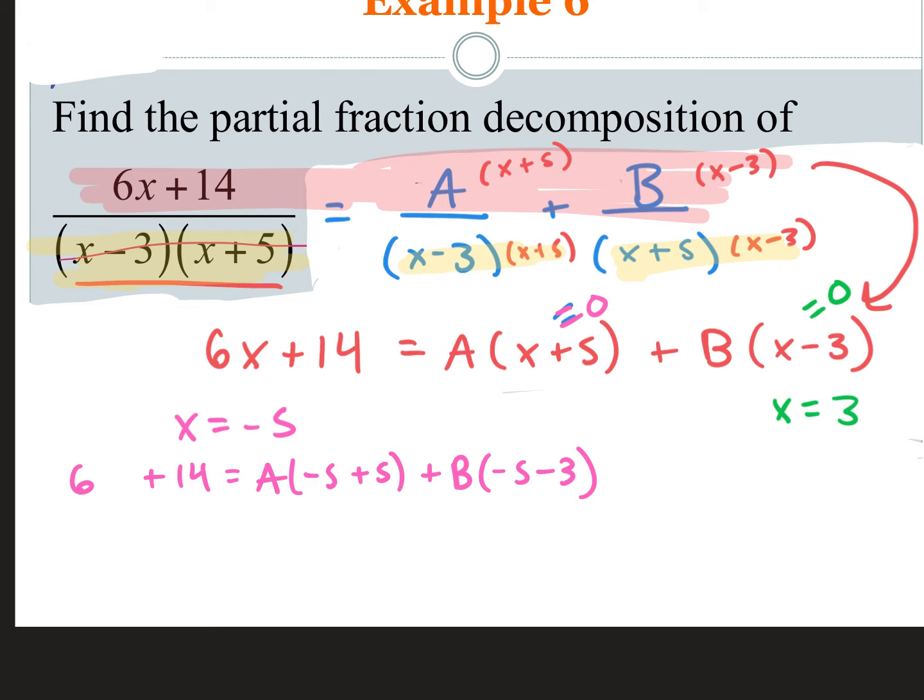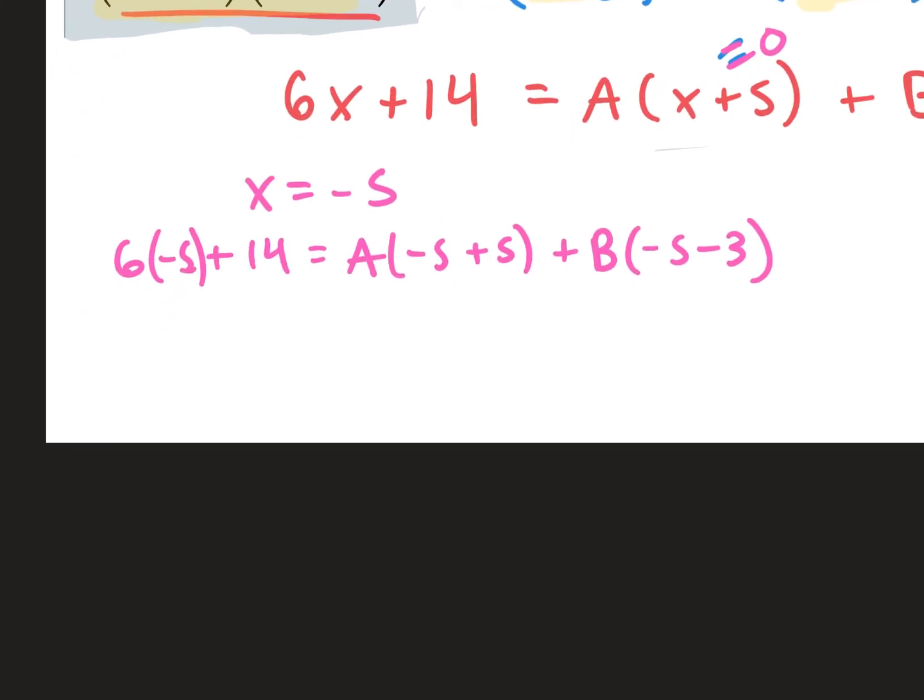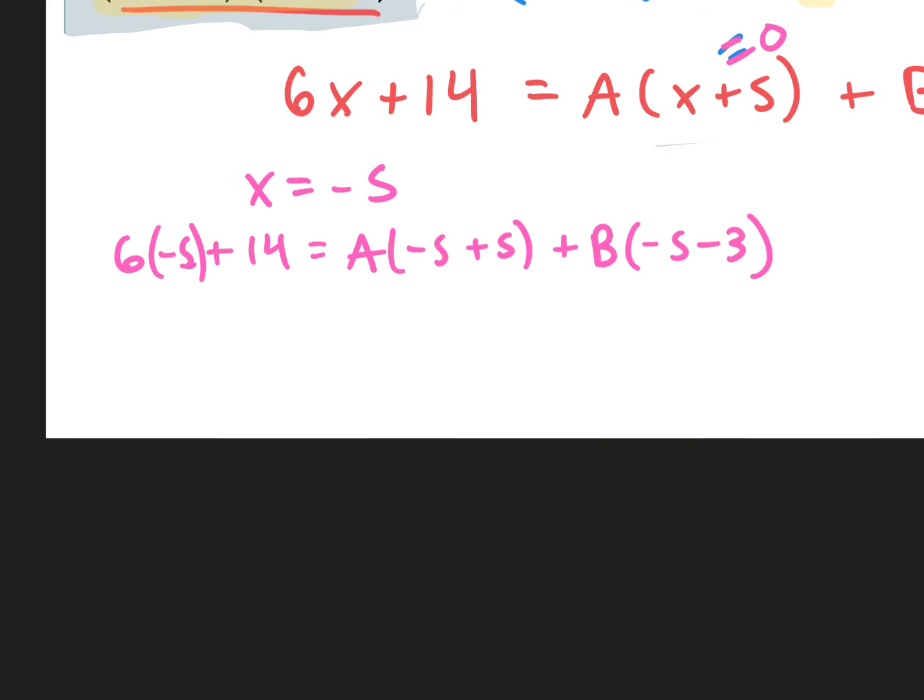So it should be 6 times -5. And then we simplify. So 6 times -5 would be -30, and -30 plus 14 is -16. What is -5 plus 5? 0, and 0 times a? 0. So this cancels, so we get rid of that a.